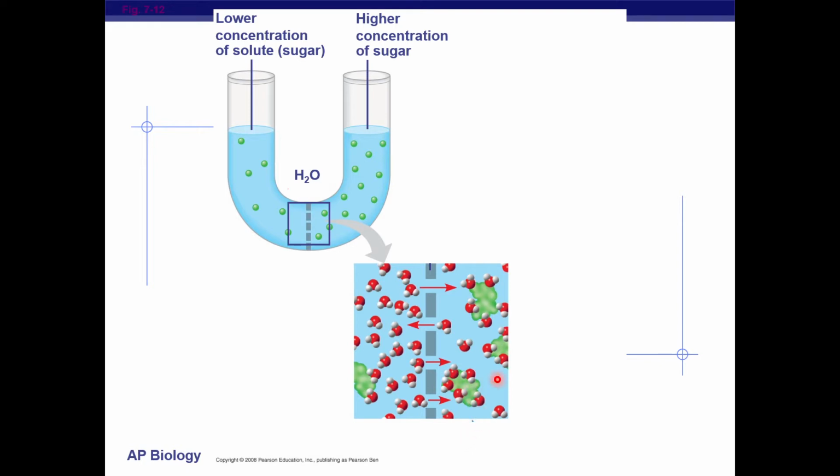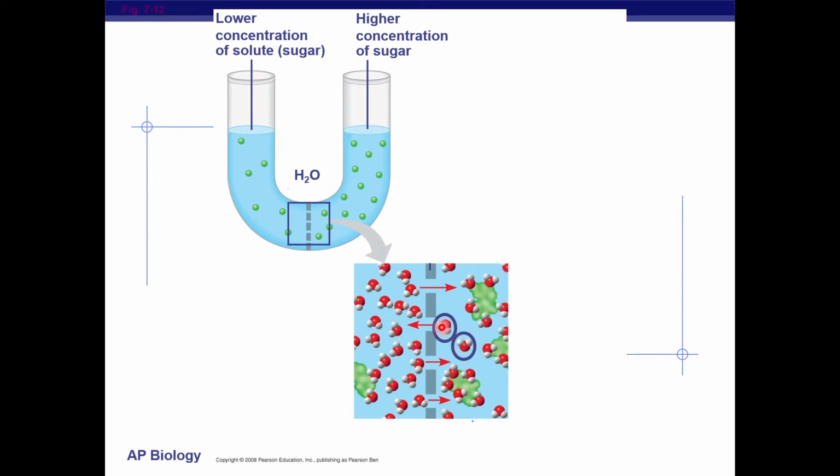Notice that because there are more solute molecules on the right-hand side, there is not a whole lot of free water left. These solute molecules are taking up the water molecules' attention. Since the water molecules are paying all of their attention to the solute, there aren't as many free water molecules to move back and forth across the membrane.